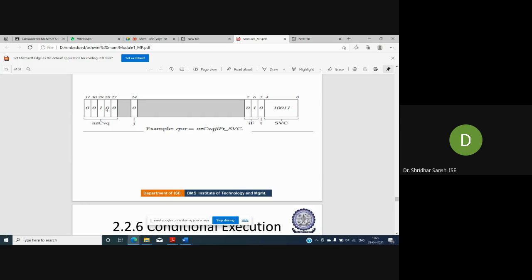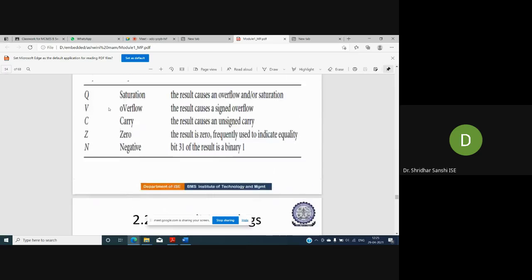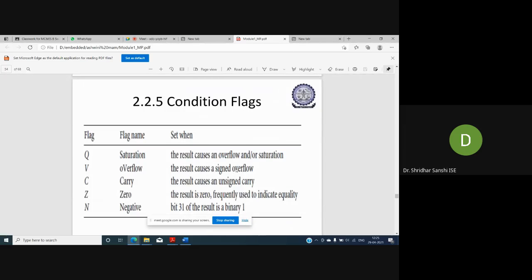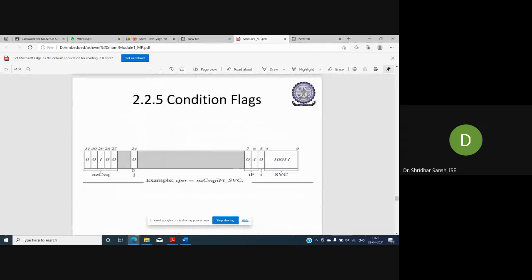Next one is V is 0. V corresponds to signed overflow. If the value is 0, there is no overflow. Only the C bit is 1. What does C indicate? The carry of the result. No, it's for unsigned values.